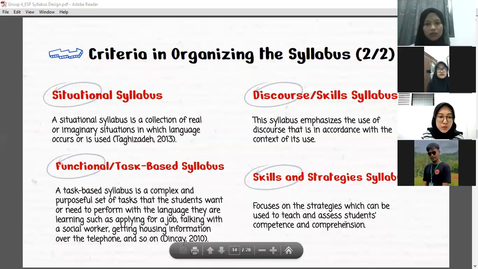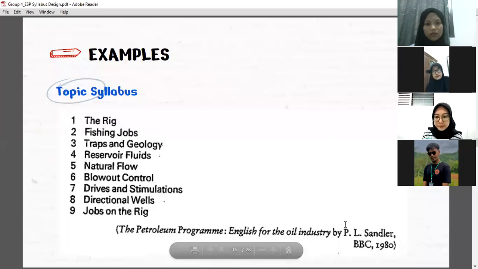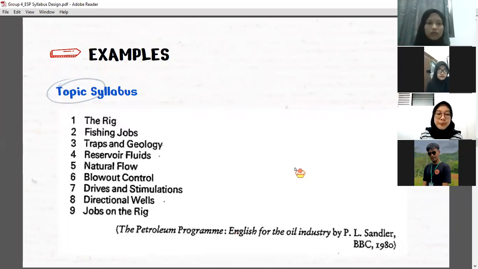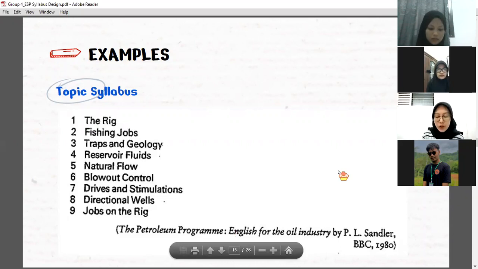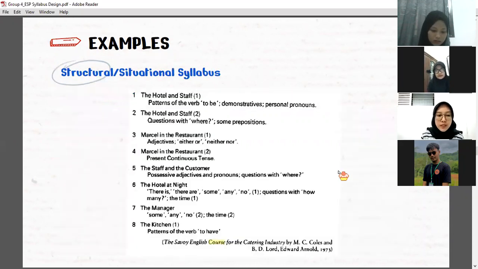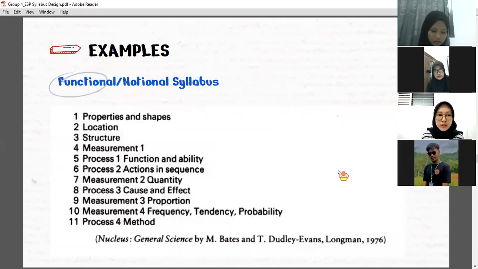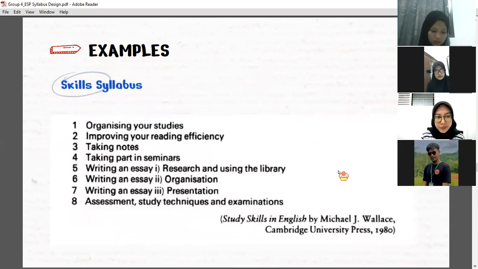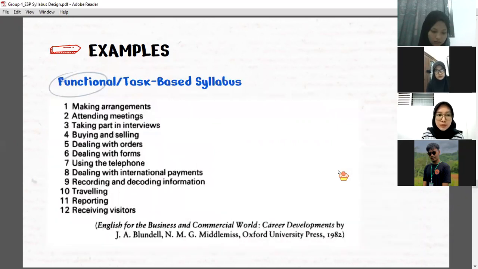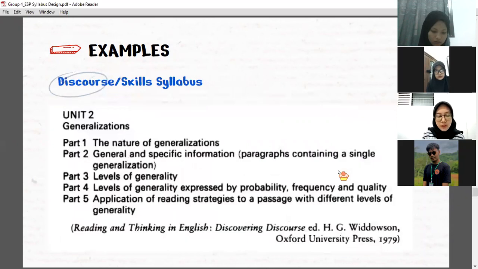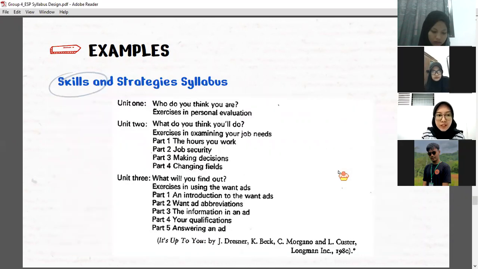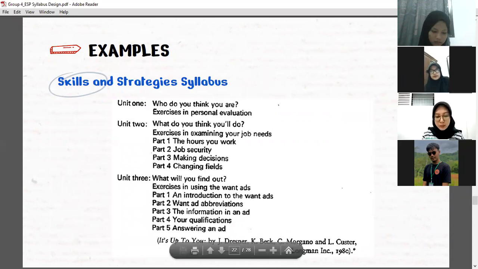So here I provide you some examples of each criteria, starting from topic syllabus, structural, situational syllabus, functional or notional syllabus, skill syllabus, situational syllabus, functional or task-based syllabus, discourse skill syllabus, and skills and strategy syllabus that you can see on the PowerPoint.